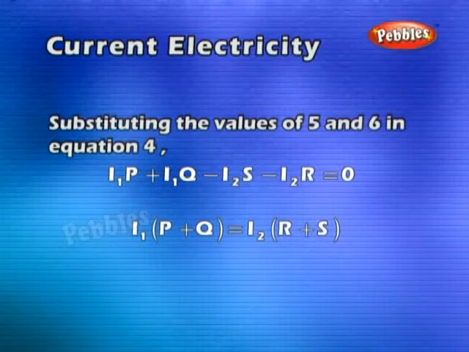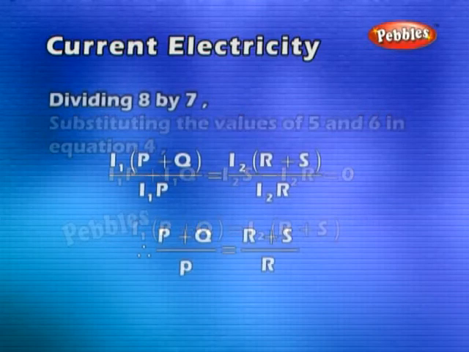Substituting the values of 5 and 6 in equation 4, I1P plus I1Q minus I2S minus I2R equals 0. I1 (P plus Q) equals I2 (R plus S).